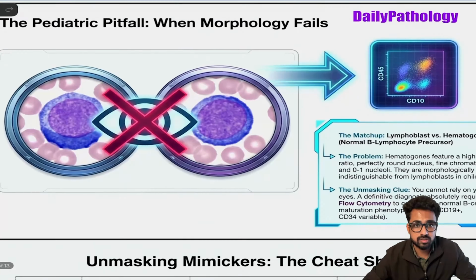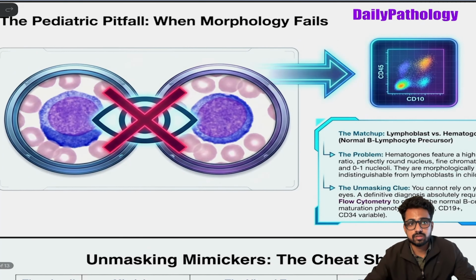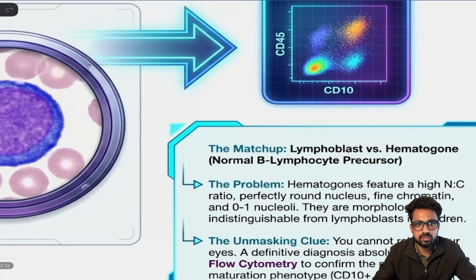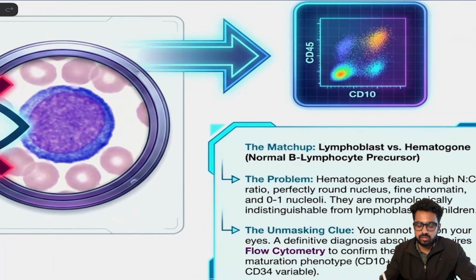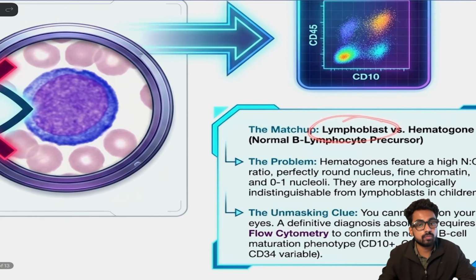Next, very important in pediatric patients, the hematogones. Here you can see the hematogones. What are hematogones? These are normal B lymphocyte precursors, which can very easily be confused with the lymphoblast on morphology.